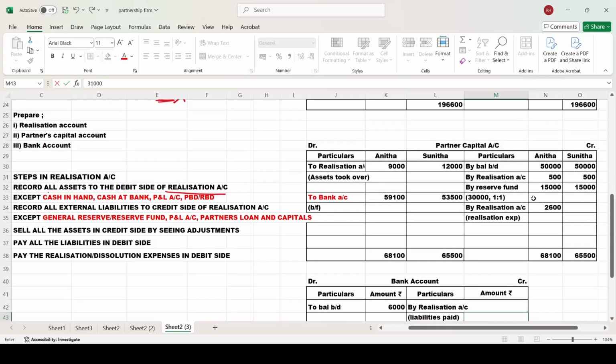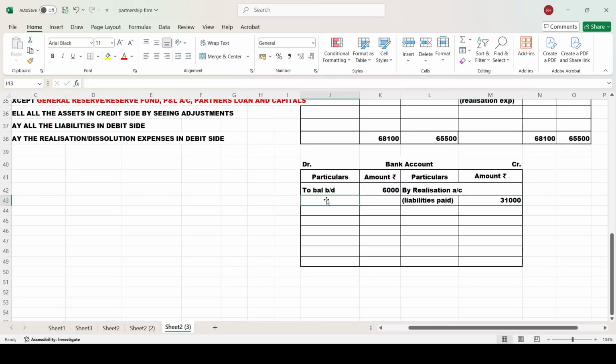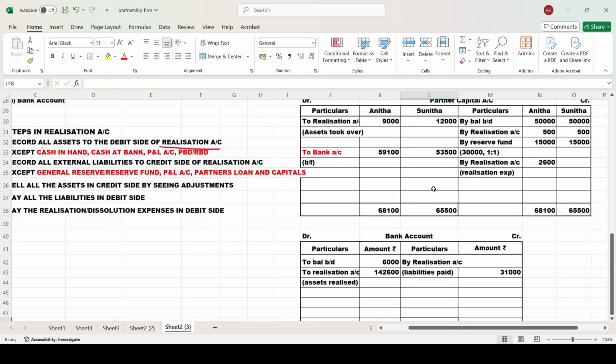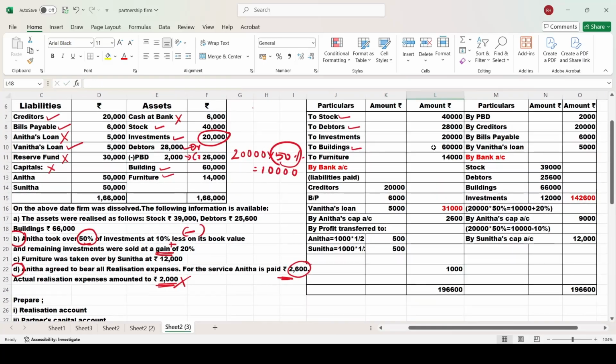It is on the credit side, so it will come to the debit side, to realization account. We'll write it as assets realized, that is 1,42,600. Now you just see in your realization account, can you see bank anywhere? No, that's all, we have entered everything.